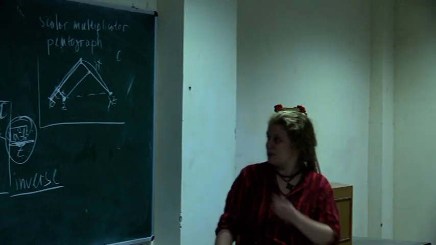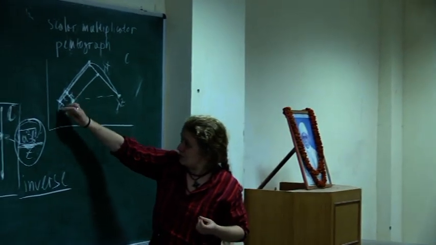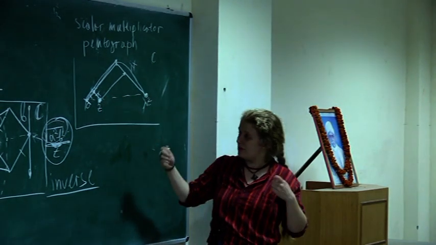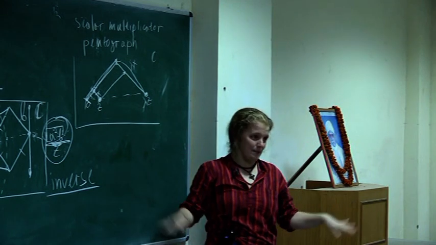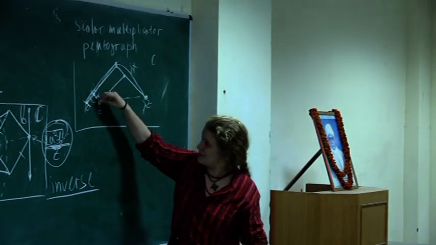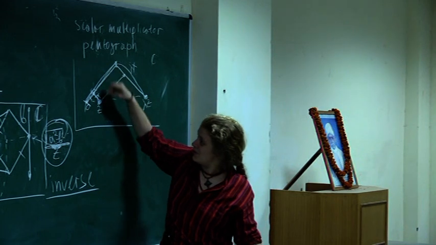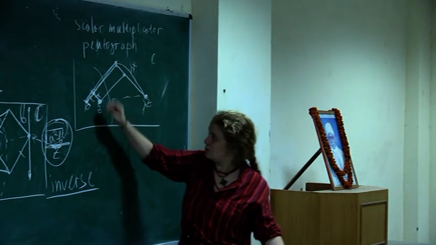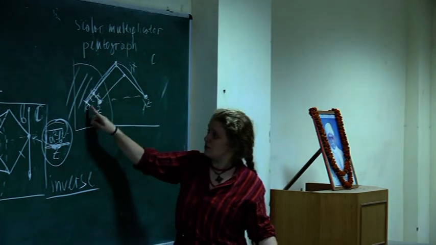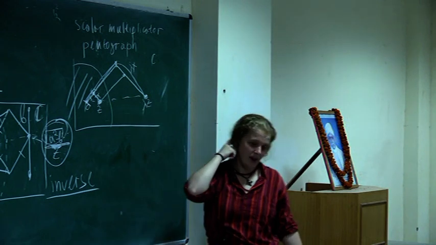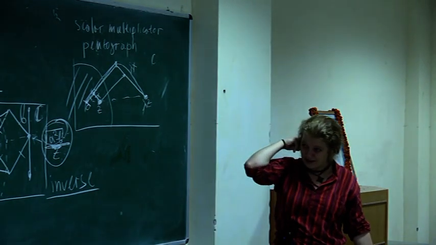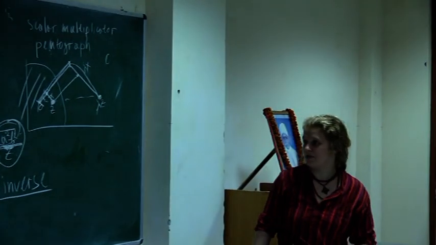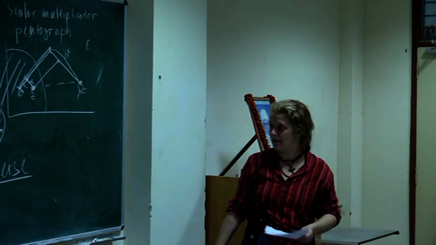Even though here we can multiply a number by lambda, we cannot multiply with this linkage all numbers on our plane because it has some range. This vertex can travel only inside the circle with center zero. So these linkages can calculate functions, but only in some domain, right? Domain.